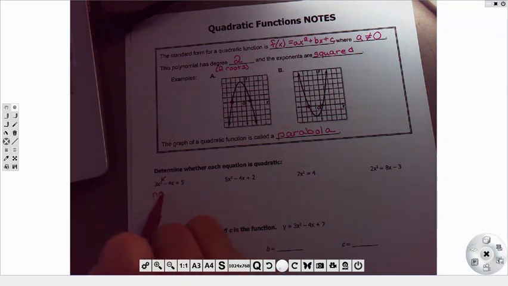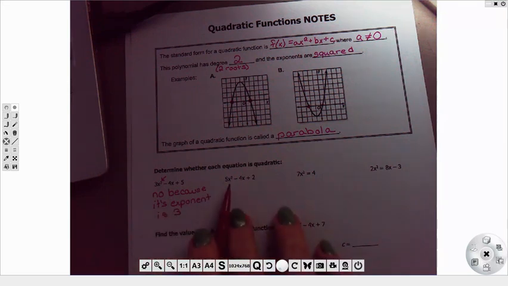That is not quadratic because its exponent is 3. Okay, now this one does have a square, so yes.